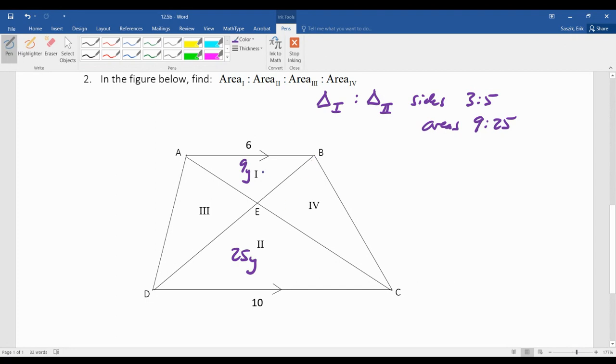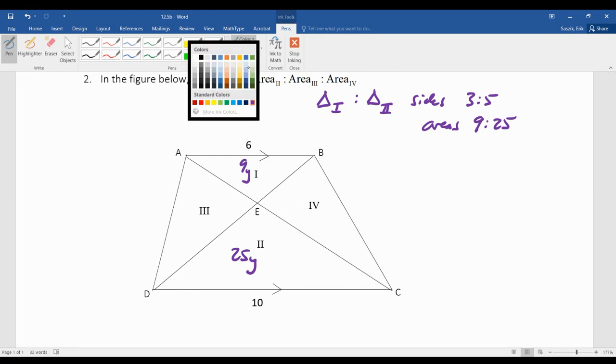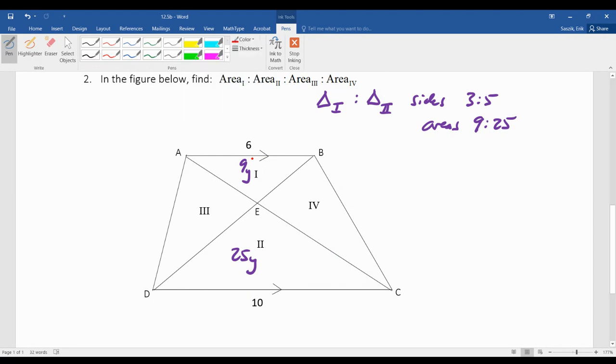So the ratio of their areas must be the same as the ratio of their bases. Well, we actually know what the ratio of their bases is. Remember, their sides are 6 to 10 or 3 to 5. This side corresponds to this one, so that means it's 3x to 5x.